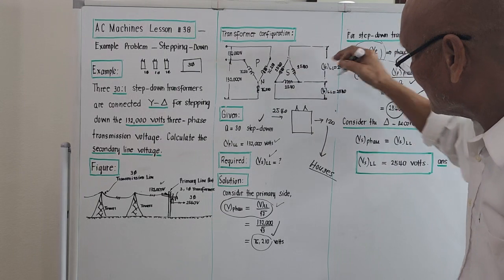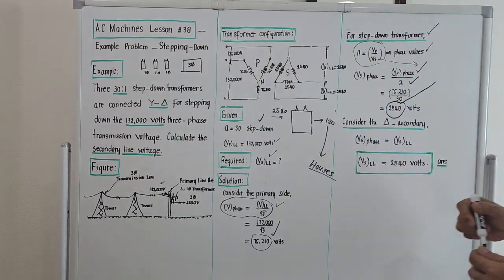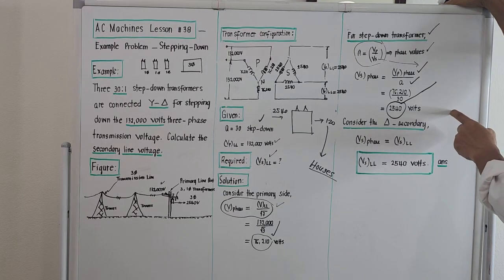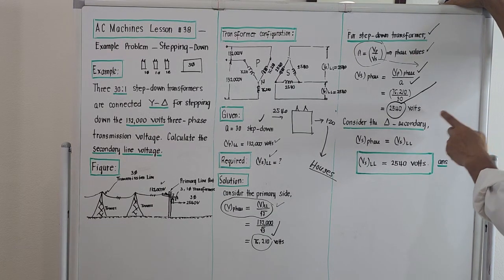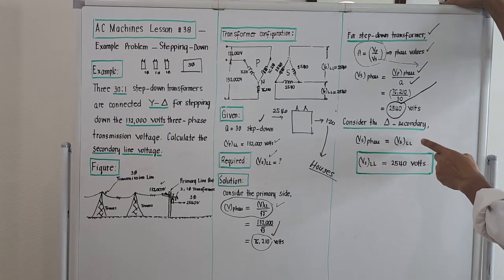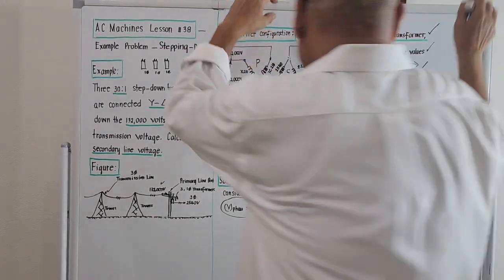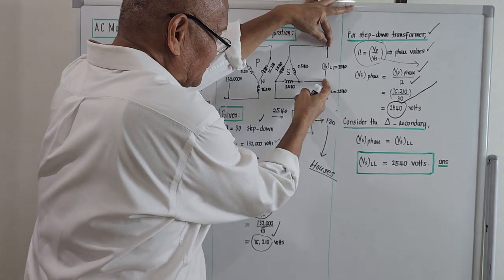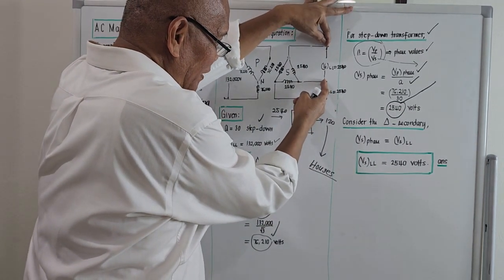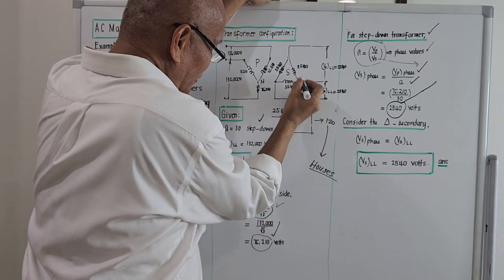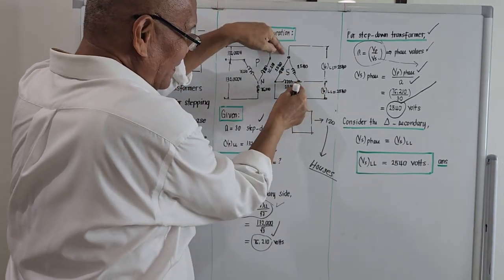But what is the line-to-line voltage? For a delta-connected secondary, the phase voltage is actually equal to the line-to-line voltage. Why is that so? If you get your voltmeter here, the reading here should be equal to the reading over here.